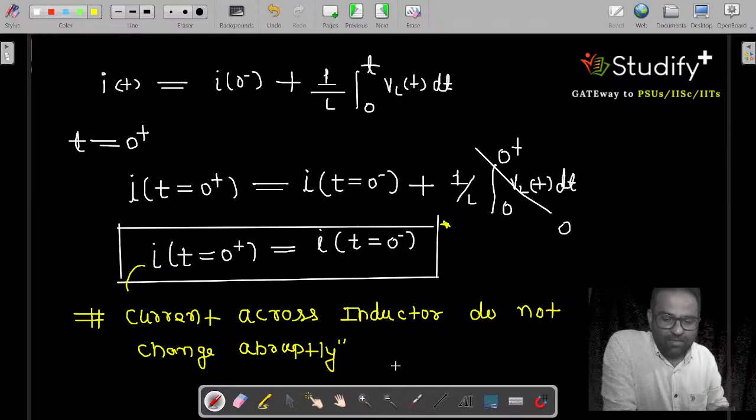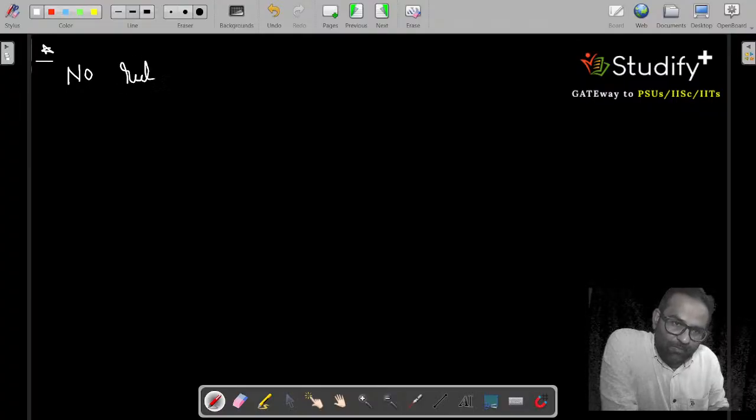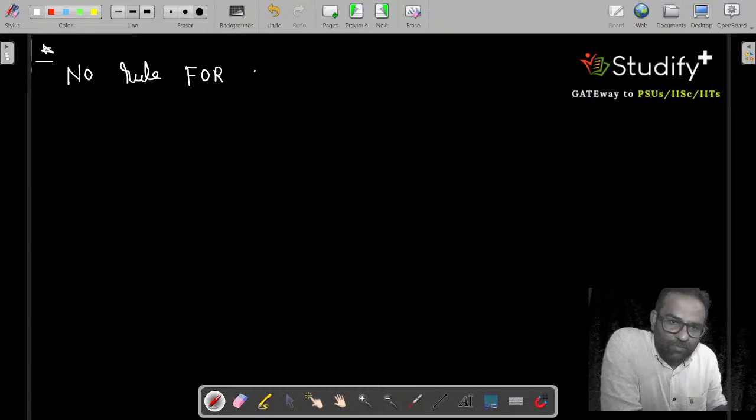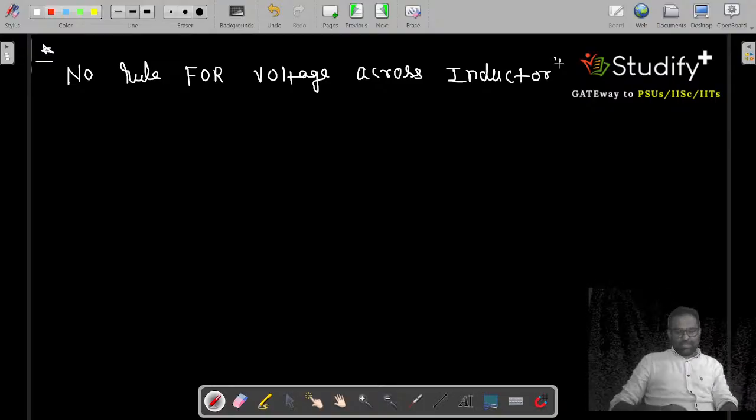So keep in mind, there is no rule for the voltage across an inductor. Keep this in mind.